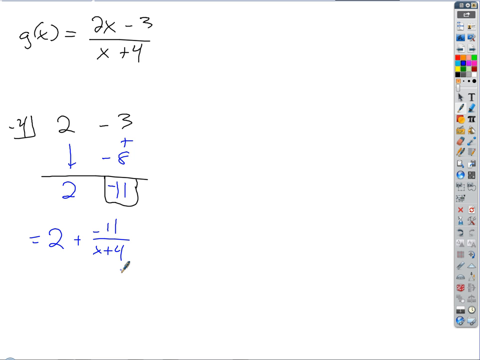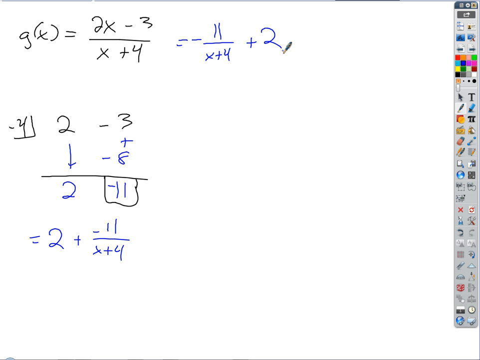Let's flip that around. Let's put this term first. So what if I write that as -11 over x plus 4 plus 2? Whatever the number is on top, let's just factor that out front, right?